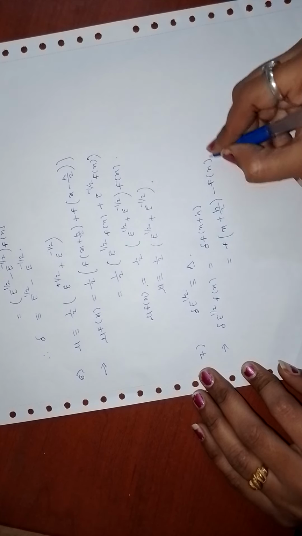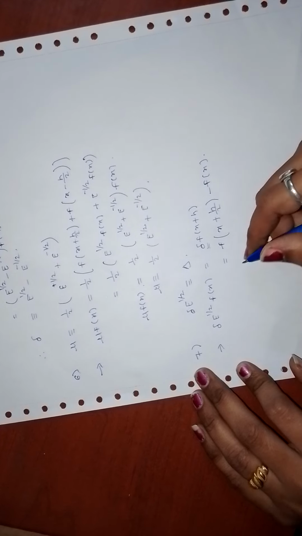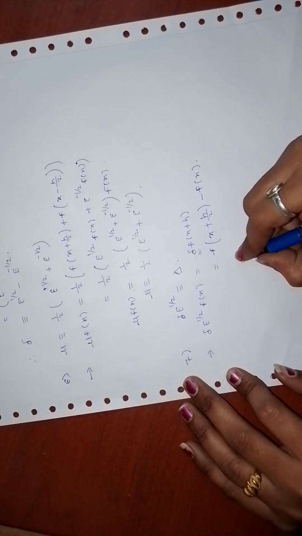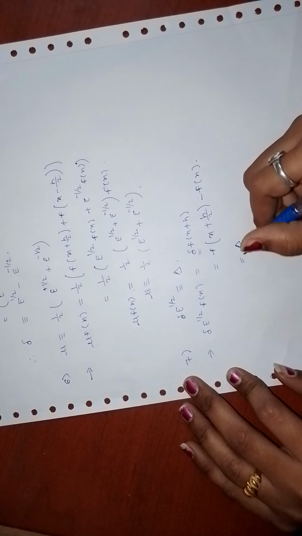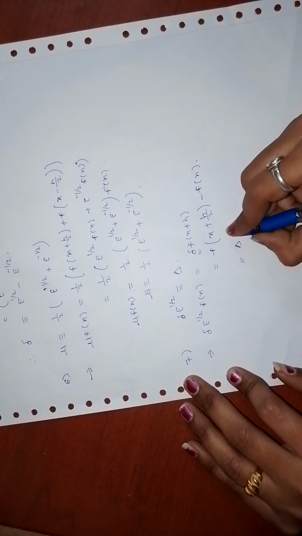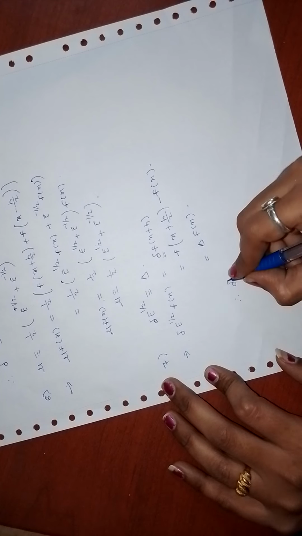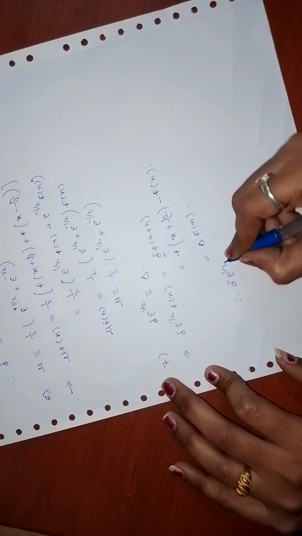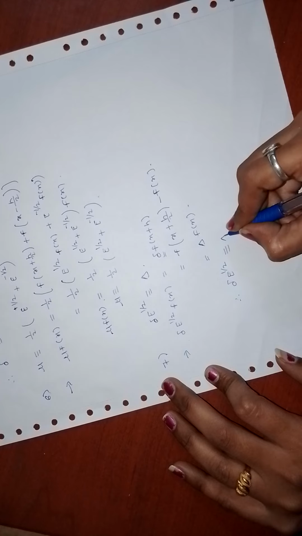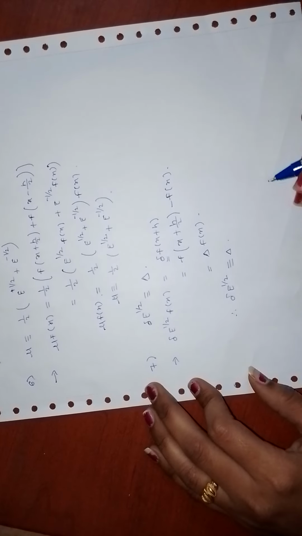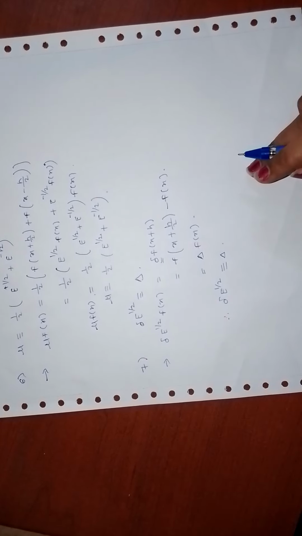We apply here the central difference, so we get f of x plus h by 2 minus f of x, which is delta f of x. Therefore delta E raised to 1 by 2 is congruent to delta. These are the relations between the operators.